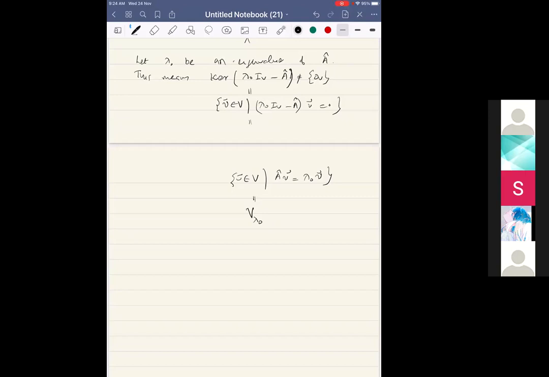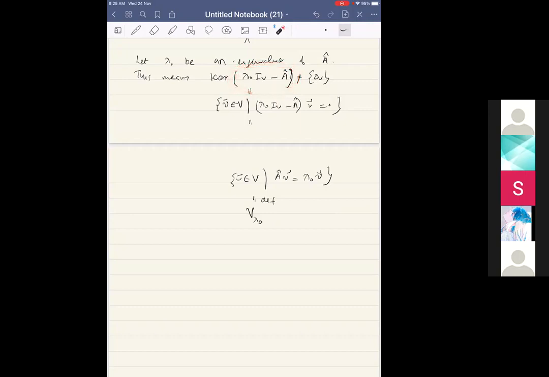I have not begun to answer your question. I just want to explain that V lambda 0, the set of eigenvectors corresponding to lambda 0 with the origin added to it, is a subspace, and that's just the kernel of this linear map. Does everybody agree with this? So this is the definition of V lambda 0, and it's equivalent to saying it's the kernel of this linear map. Does everybody agree?